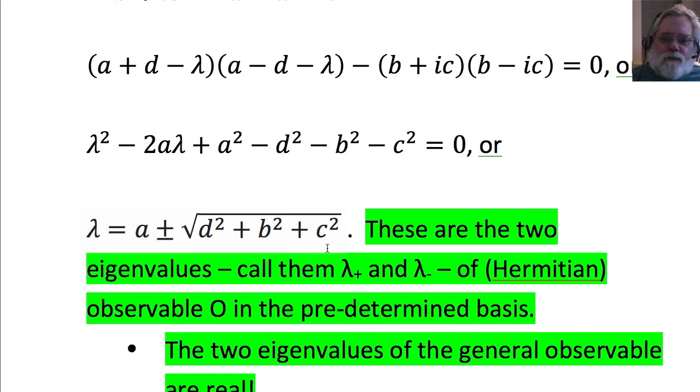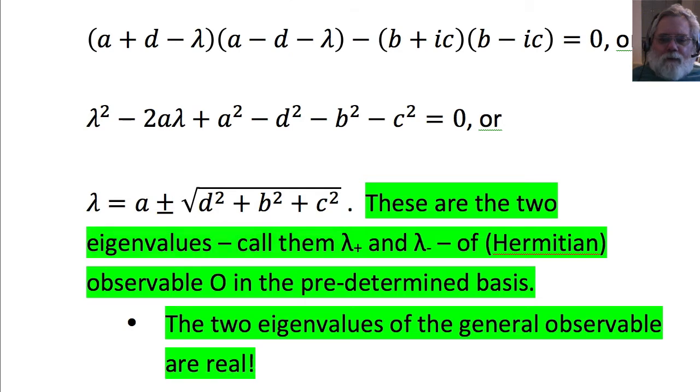So inside the square root is a real non-negative number. It could be 0. It's either 0 or positive, can't be negative. So we don't get any imaginary or complex numbers out of this. We get two real eigenvalues. The two eigenvalues of any general observable are real.